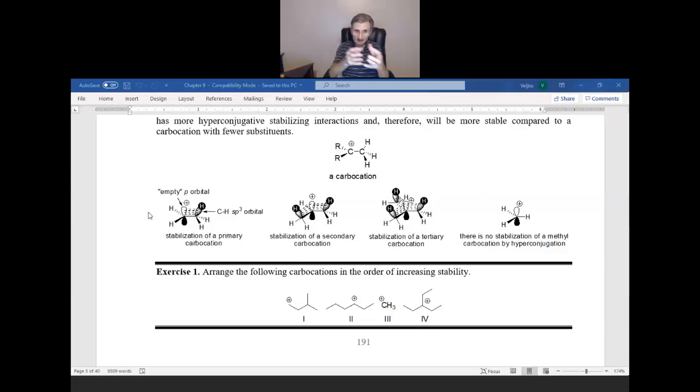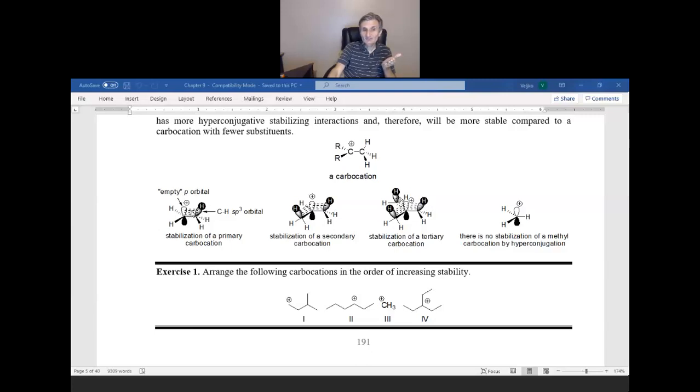So if they can spill over, delocalize into another orbital, they are spread over a larger region of space, and so their electrostatic repulsion is minimized. And the whole system becomes more stable. In addition, this carbon that used to be electron deficient is now less electron deficient, because part of its electron deficiency is compensated for by this electron pair spilling over into the empty orbital.